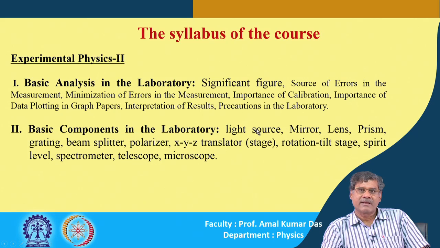As I said, the light source is compulsory for optics experiments. You will also see different kinds of mirrors. One is the plane mirror, which is mainly used for changing the direction of light, and there are other mirrors, the convex mirror and concave mirror.